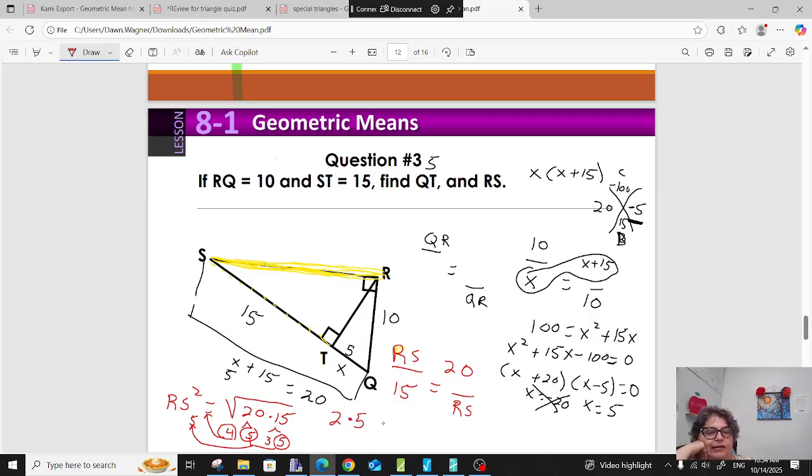Out here is 10. What's left under the square root is 3. 2 times 5 is 10. So this is RS. And of course, we only use the positive in geometry.